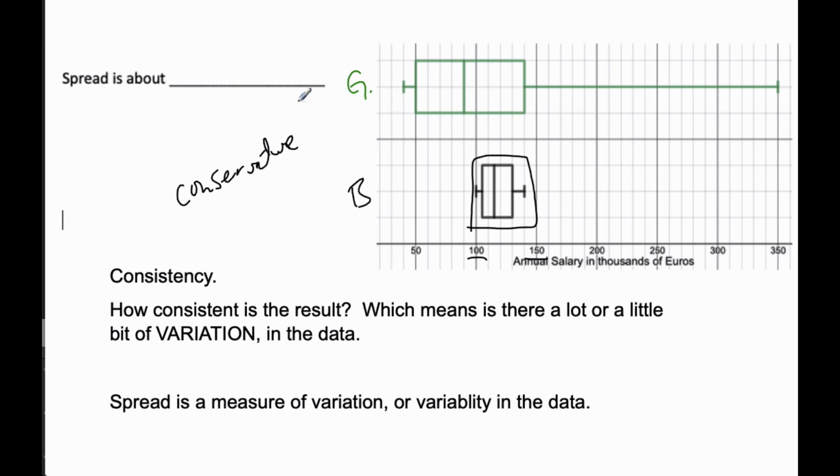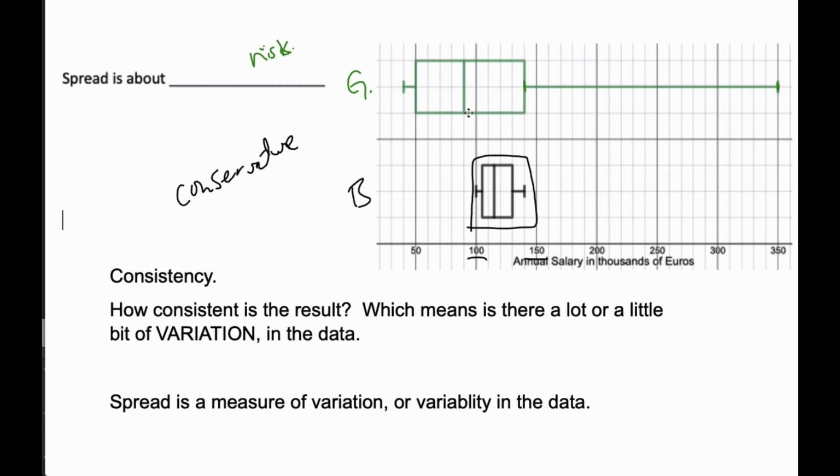However, if you are a risk taker and you really want to get a high salary, then you might not want to go and try to get a job at the green company, because maybe you'll end up getting the 350,000 or maybe even here 140,000 or any of these numbers in here.